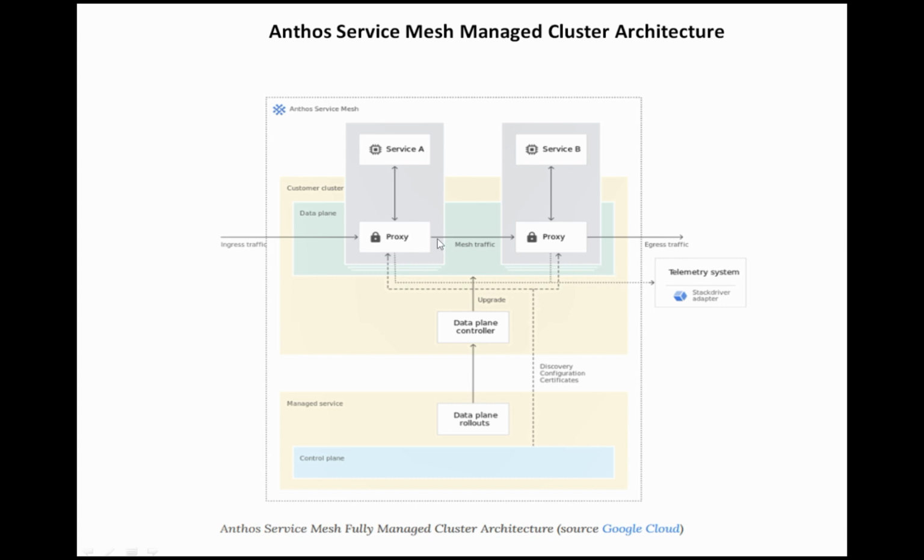You have your proxy sitting on each microservice, and that proxy is responsible for communication between the microservices, and your control plane manages the health checking, service availability, service discovery, traffic splitting, load balancing, the typical service mesh responsibilities. Whatever the control plane is doing in Istio, the same thing is leveraged here, whether it's certificate management, mutual TLS communication, encryption, everything. So that's about the fully managed Anthos Service Mesh architecture.